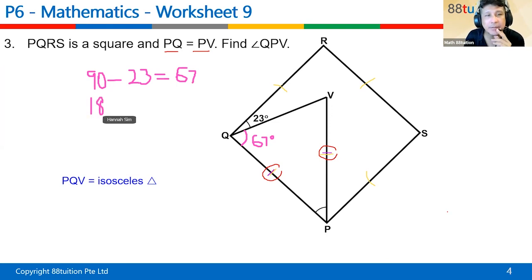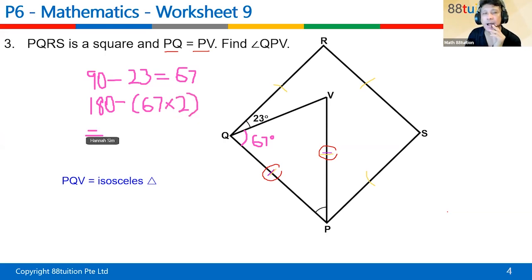Let's see how else. So 180 minus 67 times 2. Why, Hannah, times 2? Because isosceles triangles have two angles that have the same value. So how you tell is you actually look at the marking.